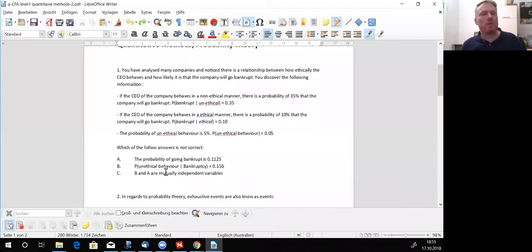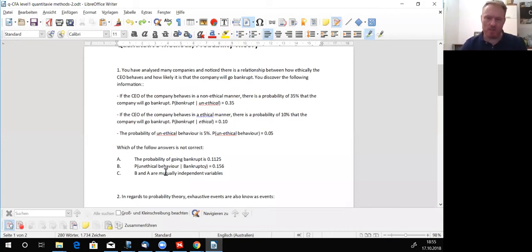And since I asked for an incorrect answer, you have to twist your brain a little bit. It's a false answer because it's a right answer. Do you get what I want to say? Yes, you do. So we don't put a cross there. Answer B is not correct because it is correct.